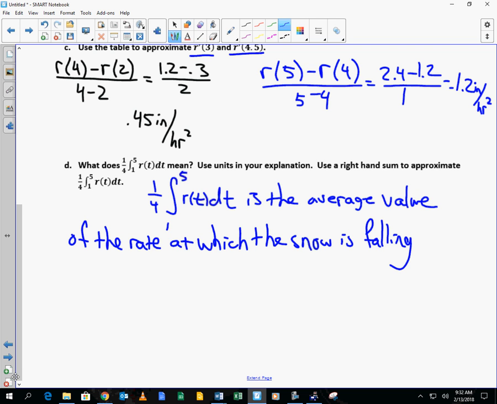First time I went through an AP exam, I left my answer like this. I got it incorrect. From time equals 1 to time equals 5. You have to talk about the actual bounds and what they mean in context of the problem as well.